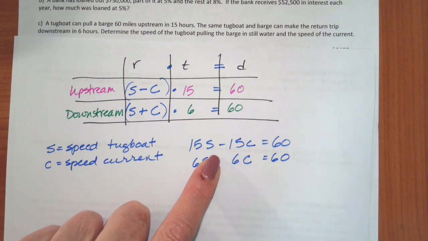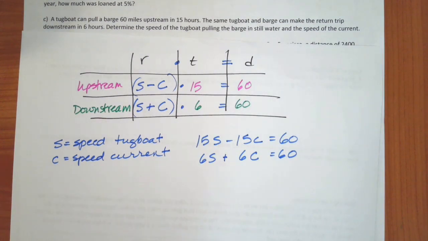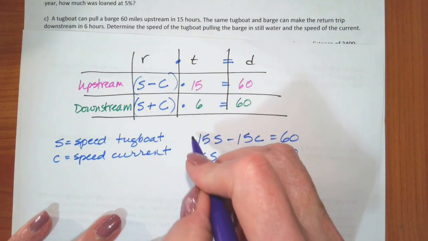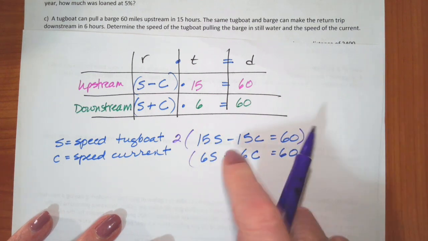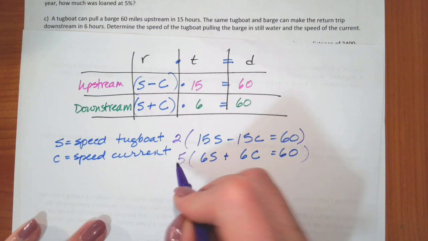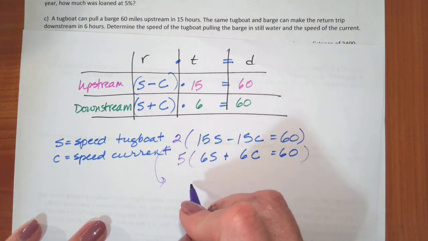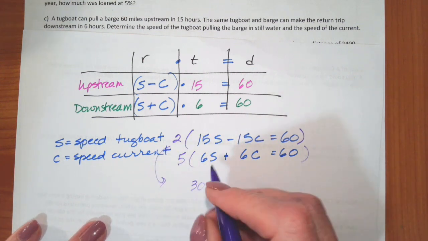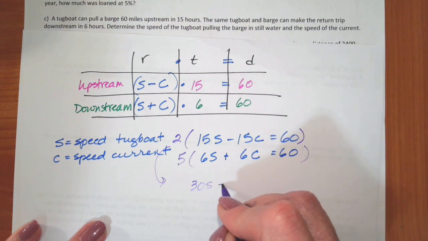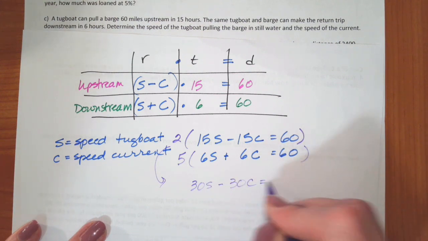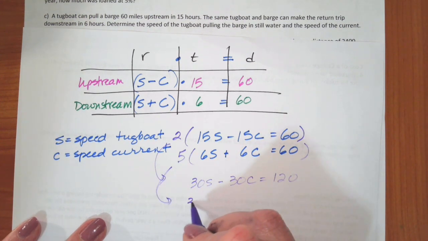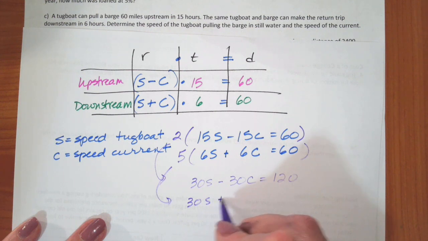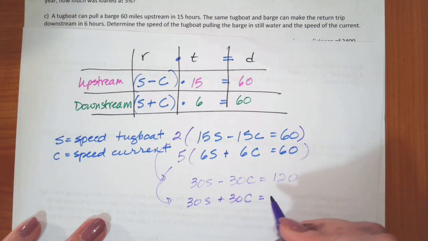So if I multiply this by 2, and this by 5, because 6 times 5 is 30, then this will give me the equation 30s minus 30c is equal to 120. This gives me 30s plus 30c is equal to 300.